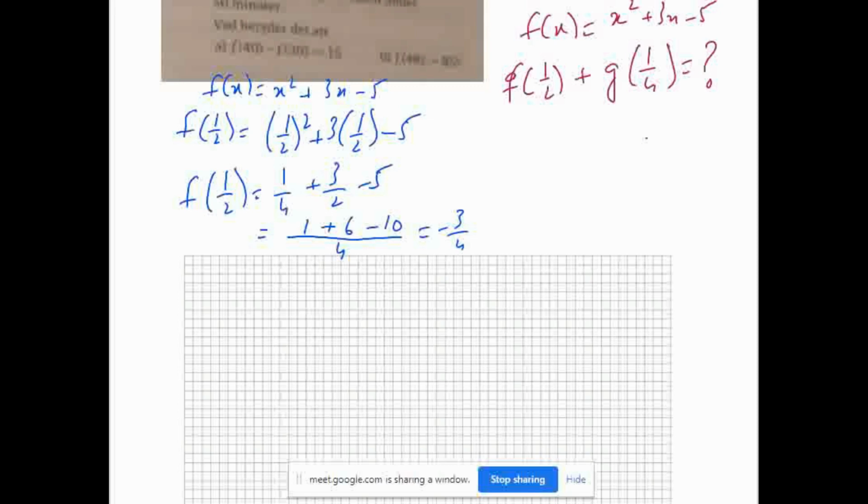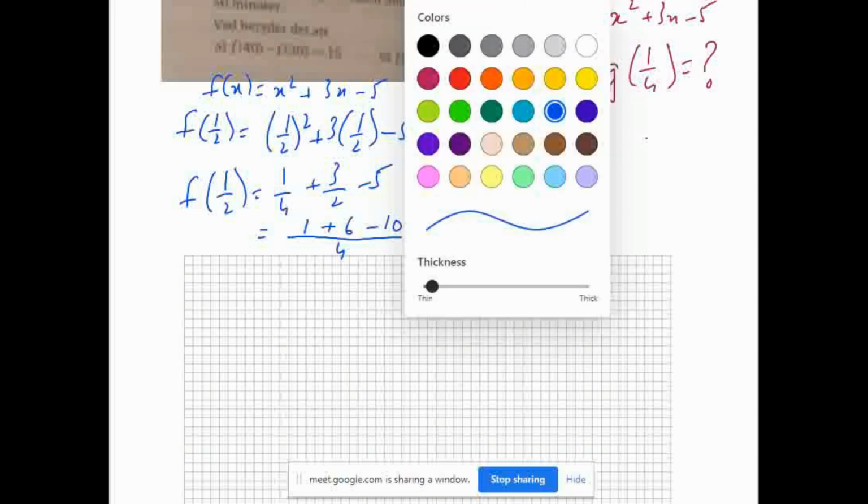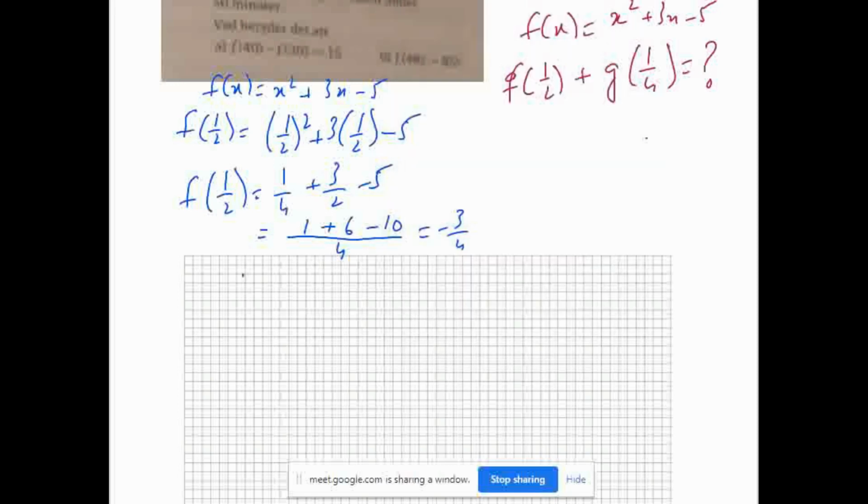Okay, let me simplify this portion over here. Let me change the color. Now as you can see, 1 by 4 plus 3 by 2, if I ask you to simplify it, what will be the answer? We have to take the LCM first.